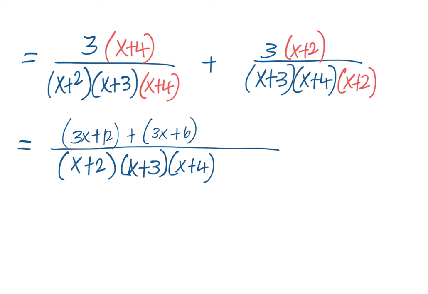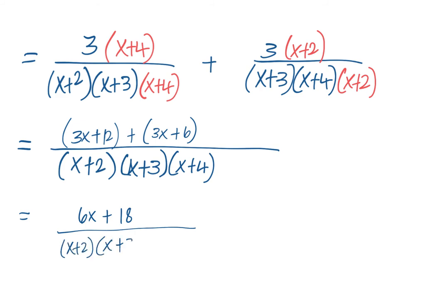Really I didn't need these parentheses, but if this were a subtraction problem, I like to put them there because that would remind me that I need to give that negative to both of those. But anyway, when we're combining like terms in the top, we get 6x plus 18 all over that LCD.